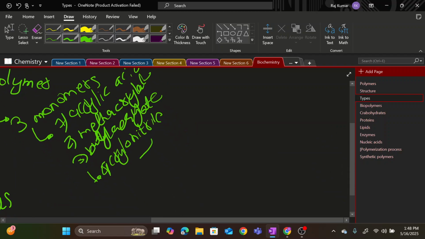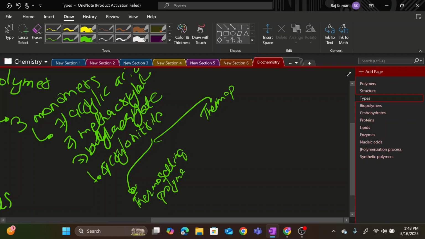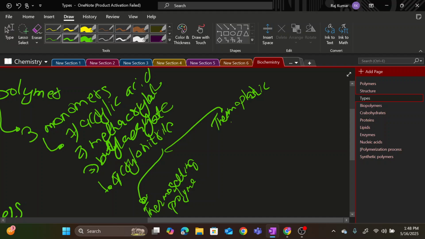Now, polymers are further divided into two types, which are number one, thermosetting polymer, and second type, thermoplastic polymer. What is a thermoplastic polymer? Whenever we have a polymer which can be softened upon heating and which can be hardened upon cooling, then that is known as a thermoplastic polymer.